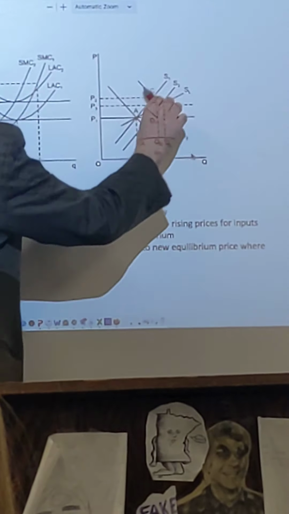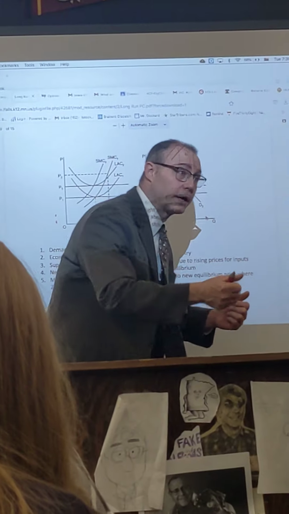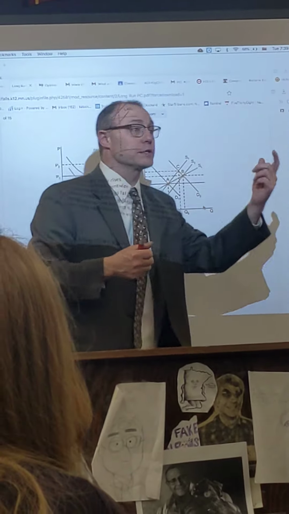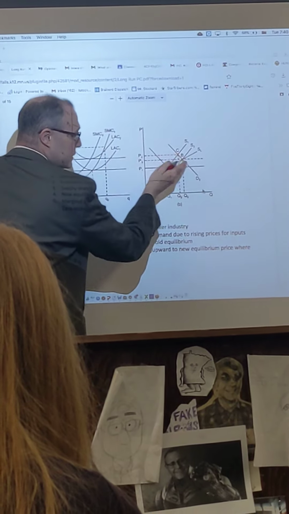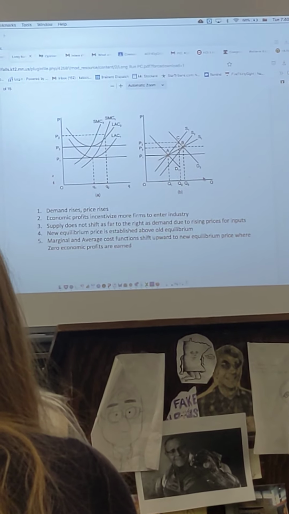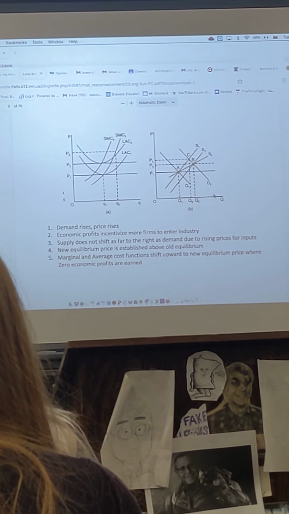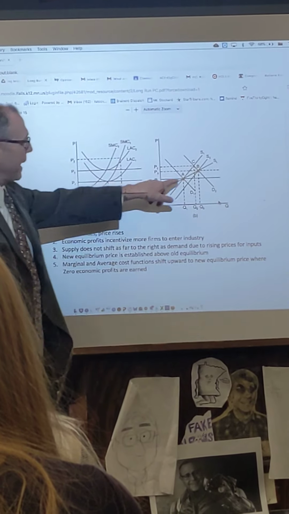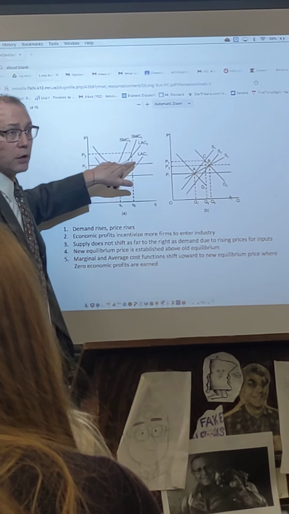Because when that demand increased, was there also an increase in demand for the buckets, for the worms, for our laborers and all that stuff? So the supply doesn't shift as far, and it actually represents an increasing cost industry. Since there was such a surge in demand for earthworms, we can't return back down to our equilibrium. Does our equilibrium change? It does.